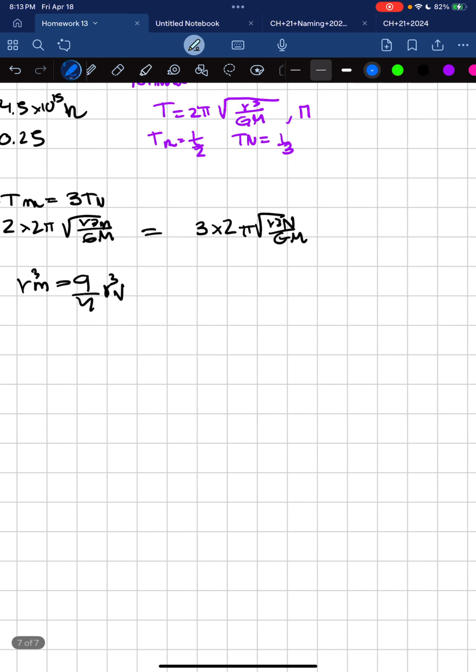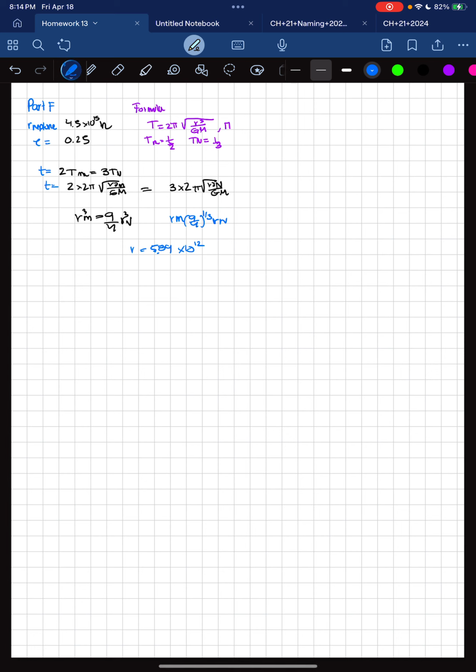And let's use this formula to try to find it, which is going to be the semi-major axis of this minor planet, which is 5.89 times 10 to the 12. This one was a little bit complicated for me because when they have a lot of algebra, it just takes longer for me to figure it out.